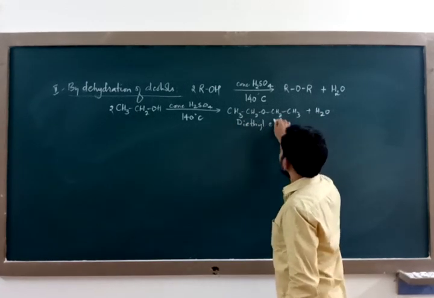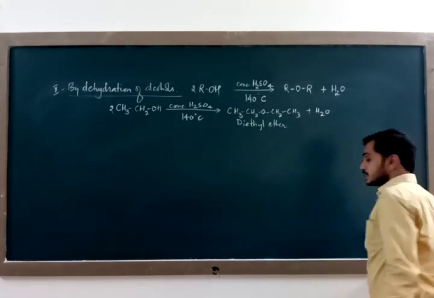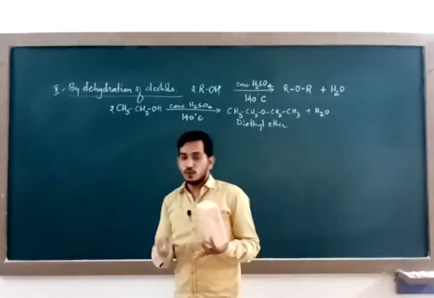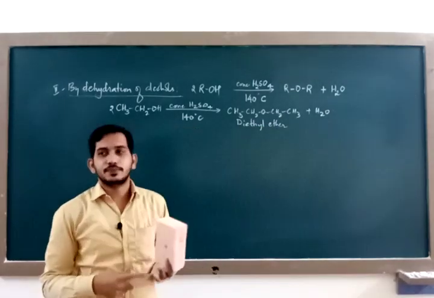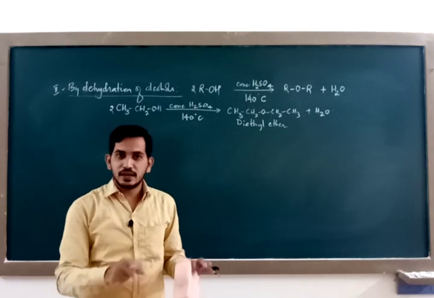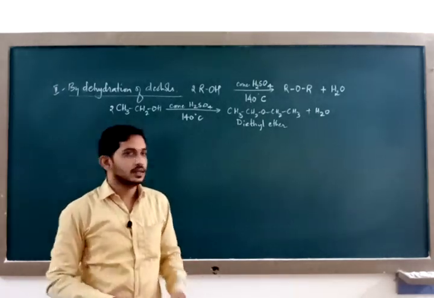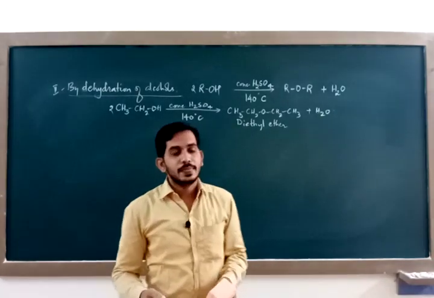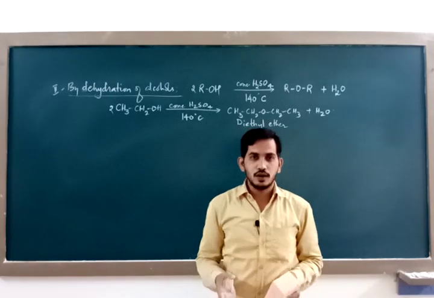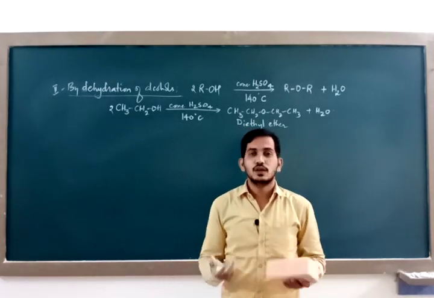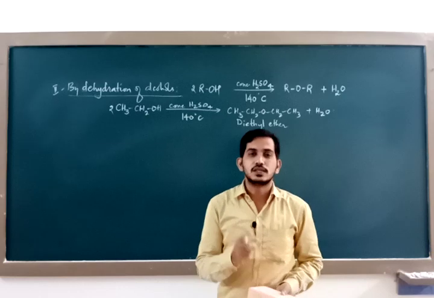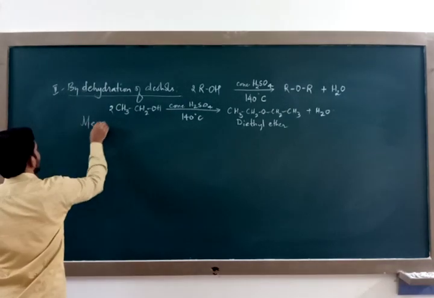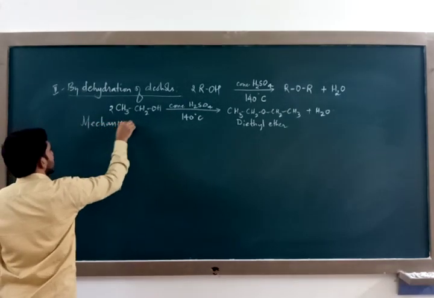Diethyl ether is the same ether that we use in many named reactions like the Wurtz reaction, Wurtz-Fittig reaction, preparation of Grignard reagents, and whenever Grignard reagents appear we write dry ether. It is this reagent, diethyl ether. How is it prepared? It is prepared by dehydrating ethanol at a temperature of 140 degrees Celsius using concentrated sulfuric acid. It has a mechanism which can be asked for 3 marks.